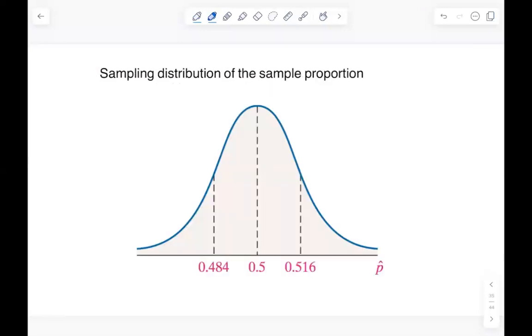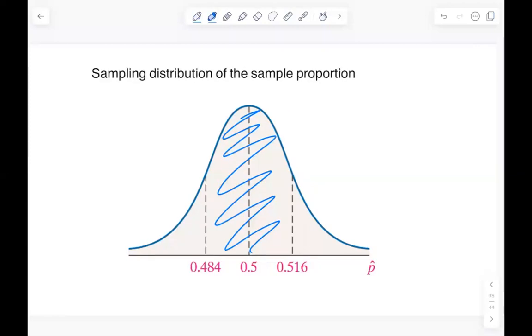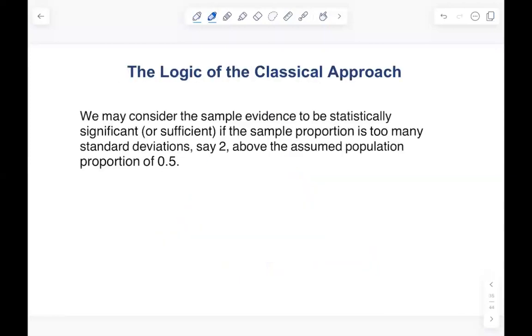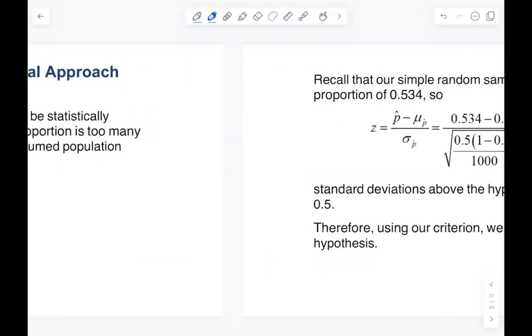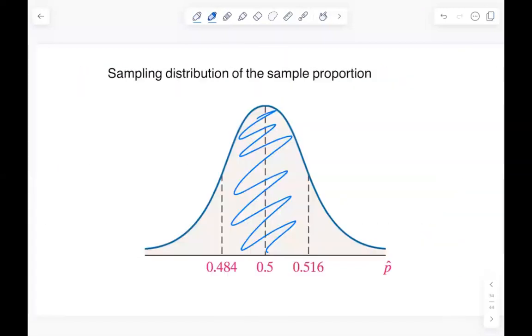So here's the sampling distribution of the sample proportion. Here's my confidence interval right there. Now our sample evidence would be statistically significant if it is too many standard deviations away from the mean. Take a look here. My standard deviation is 0.016.